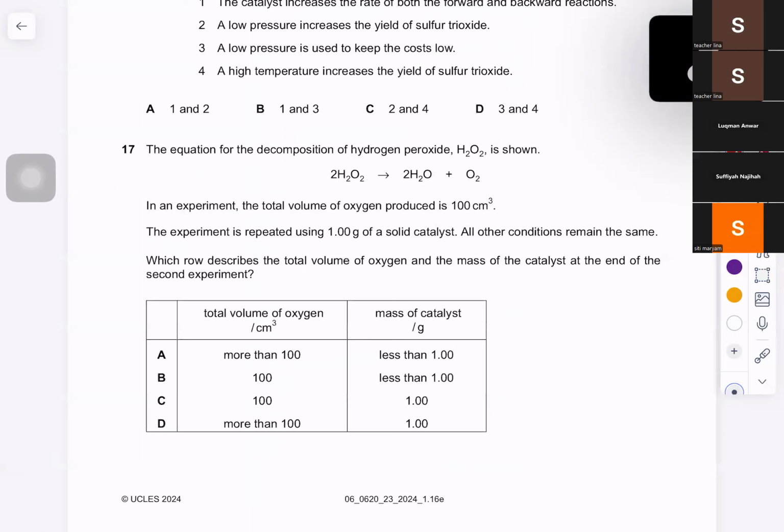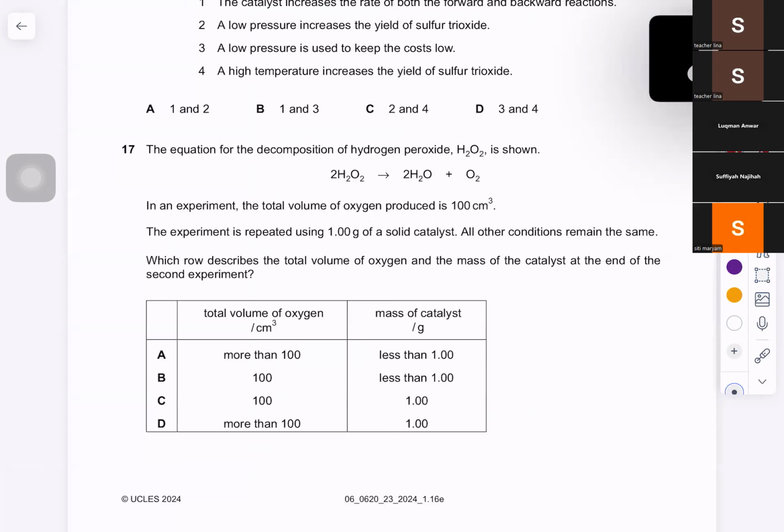Ada. Siapa? Bukan Erina. Yang tanya teacher soalan question 17. Boleh say hi tak? The variant 23, May, June 2024. Betul ke soalan ni?